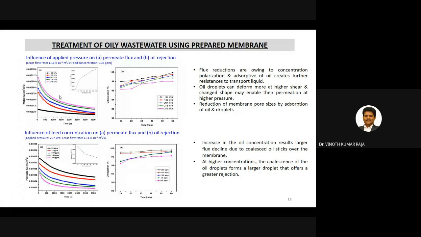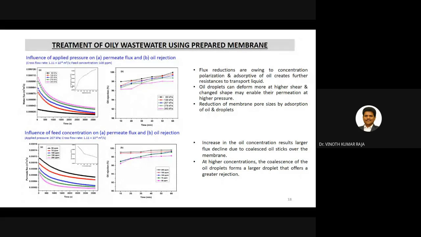This is due to the concentration polarization and adsorption of oil on the surface, which create resistance to the transport of liquid through the membrane. This is the reason for not obtaining the linear trend.